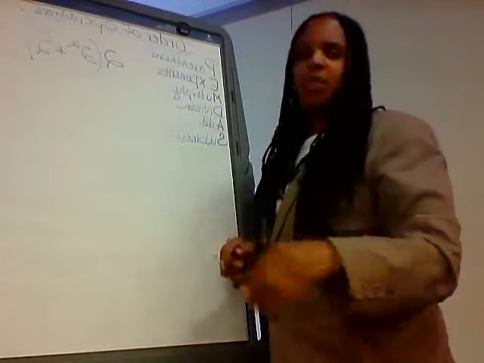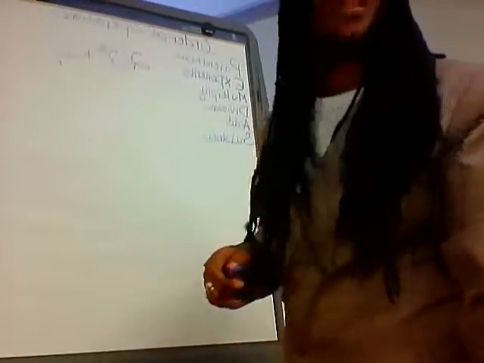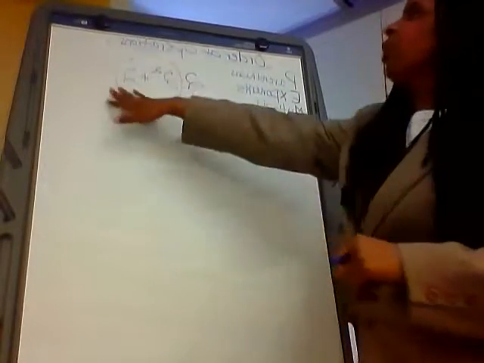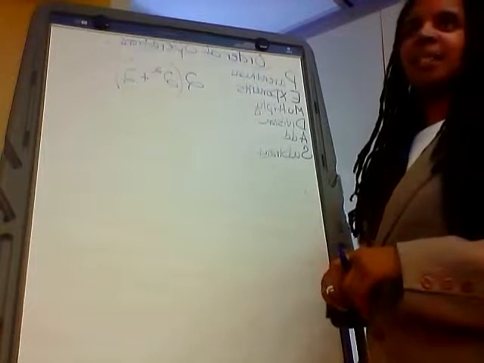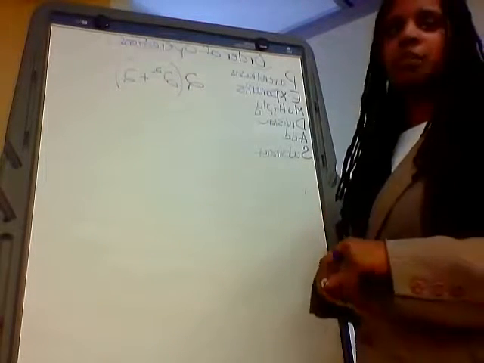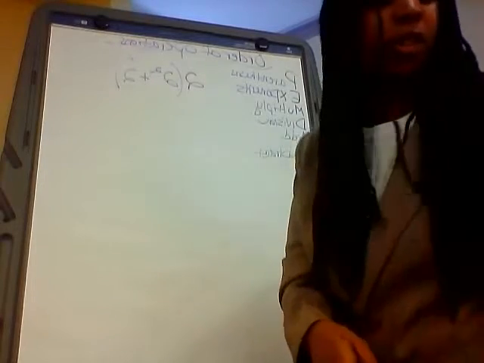We start in the parentheses because the P stands for parentheses. So our problem is 2, and then parentheses, 2 to the second power plus 2.